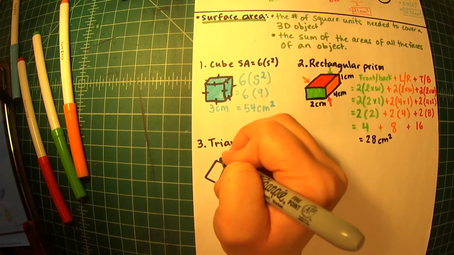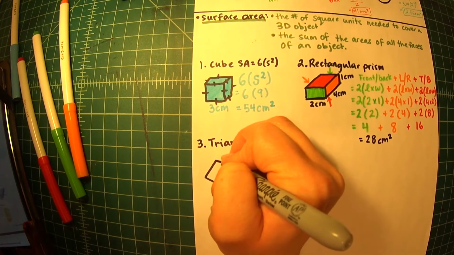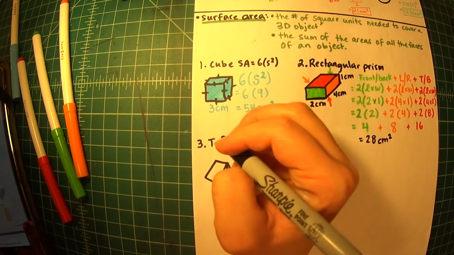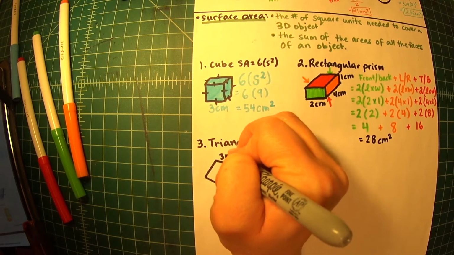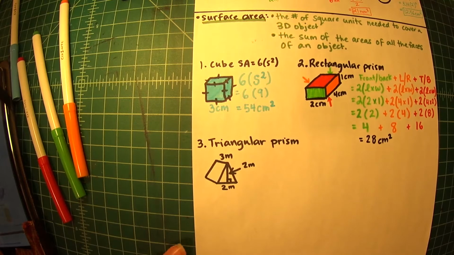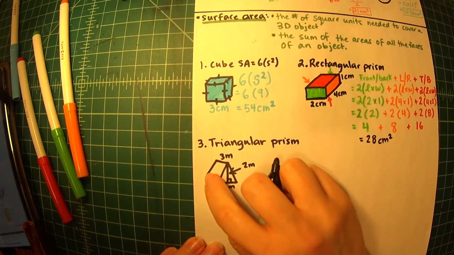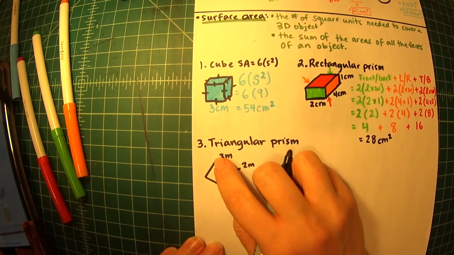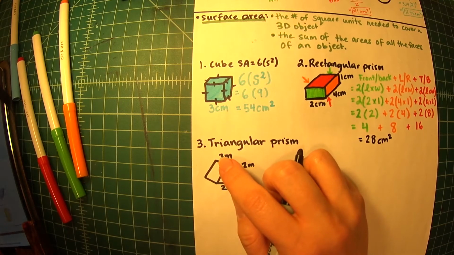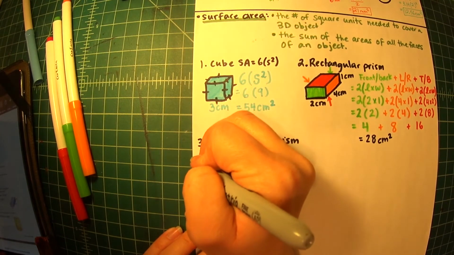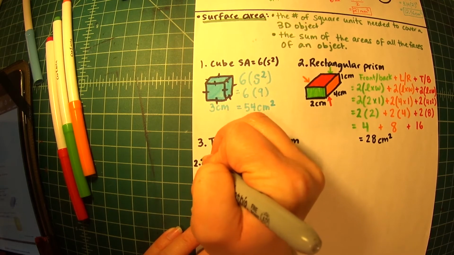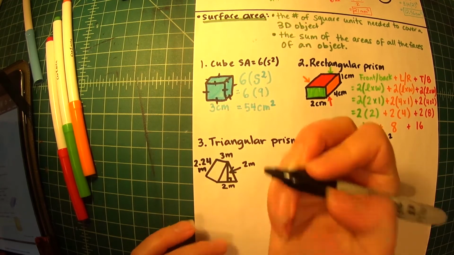It tells me that this top edge is 3 meters. And finally, it tells me that this slanted edge right here is 2.24 meters.